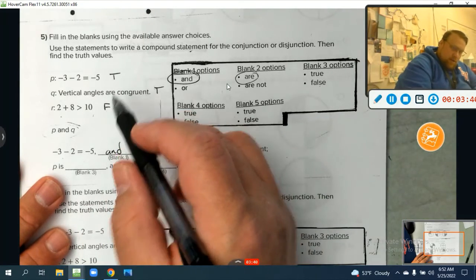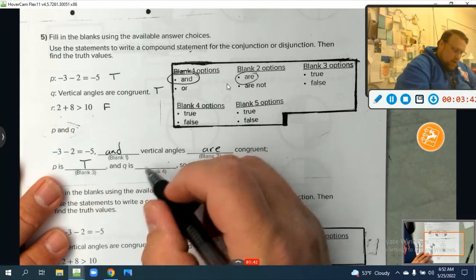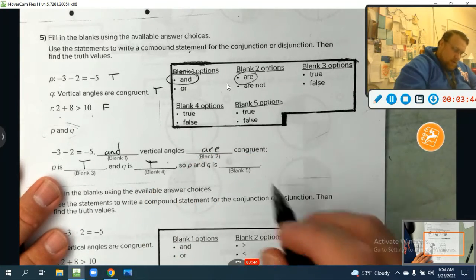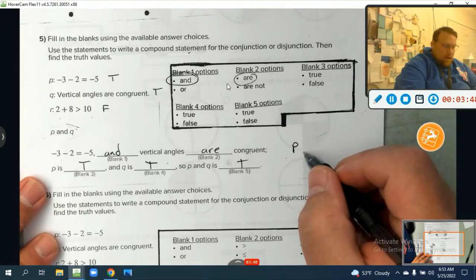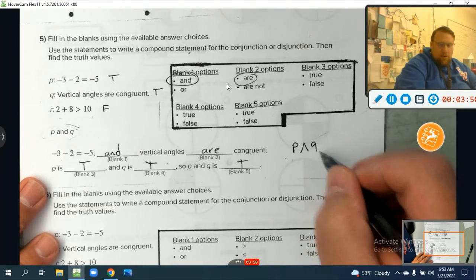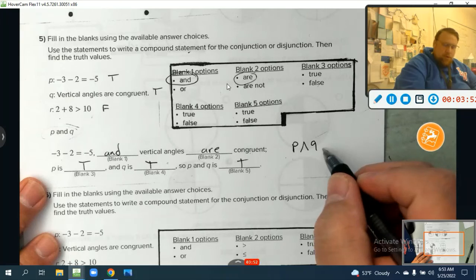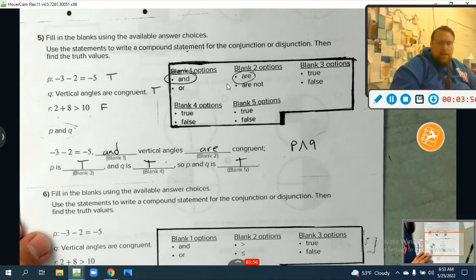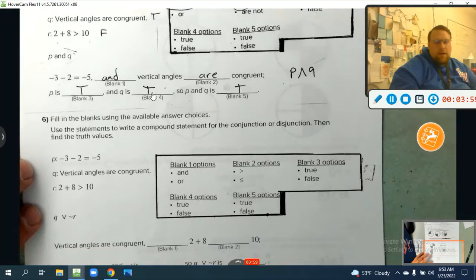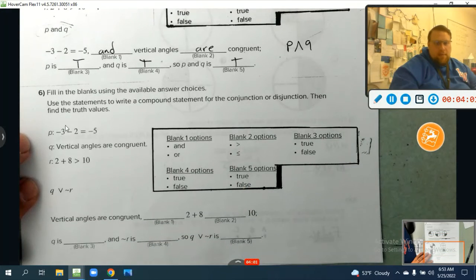We already said P is true. And Q is also true. So P and Q is true. Because remember, for a conjunction, P and Q both have to be true for this whole thing to be true. And they are, so it is true. Awesome.